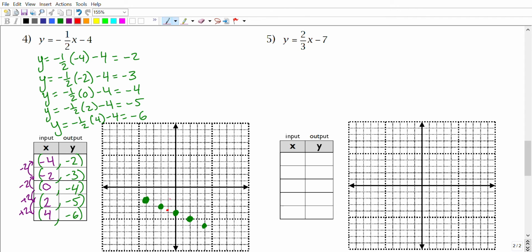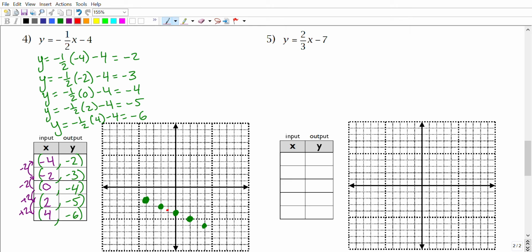It falls somewhere between negative 3 and negative 4, but that means we would have decimals or fractions. So we try not to have those. We try to have whole numbers for coordinates, if at all possible, in order to graph a perfect point.